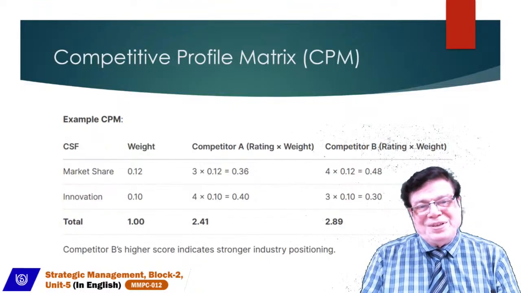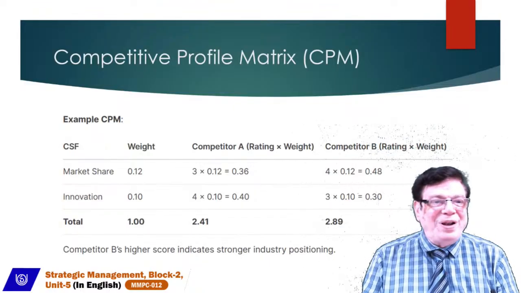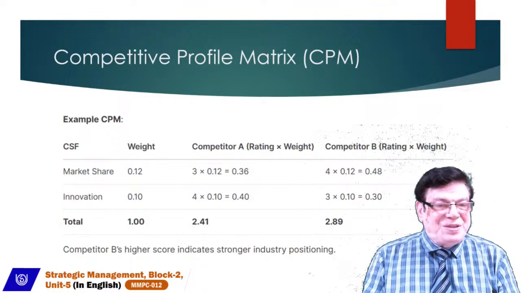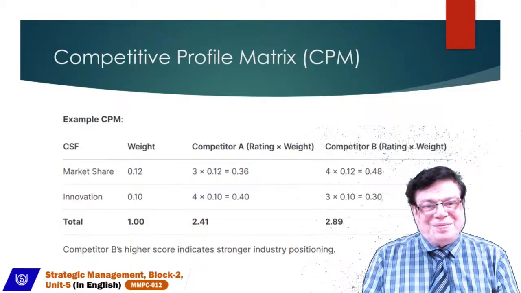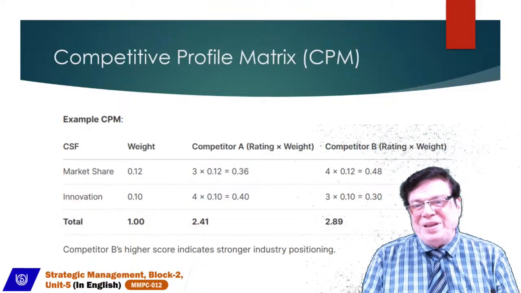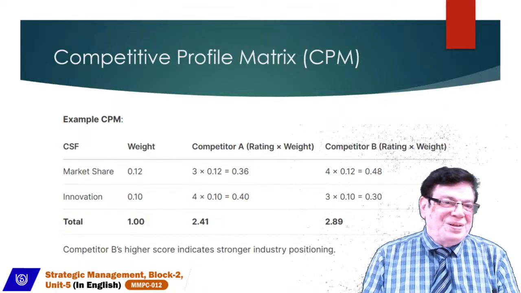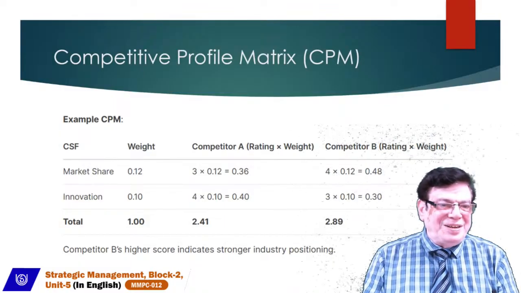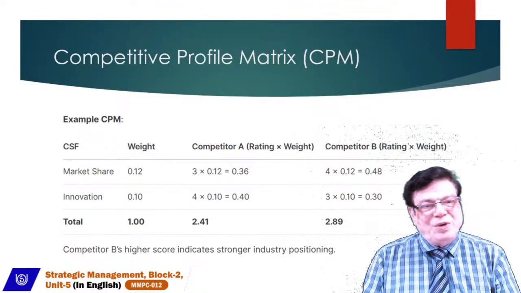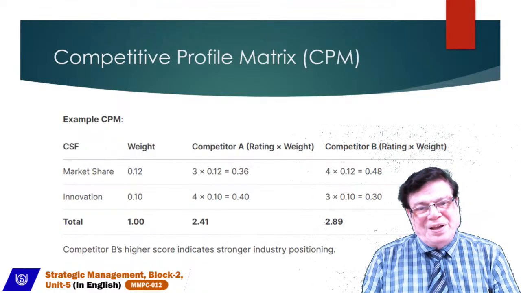Now, here we are learning it by example. Now, CSF, weight, competitor A rating into weight, competitor B rating into weight. Now, CSF is market share, then innovation. Market share weight is 0.12 and innovation weight is 0.10.